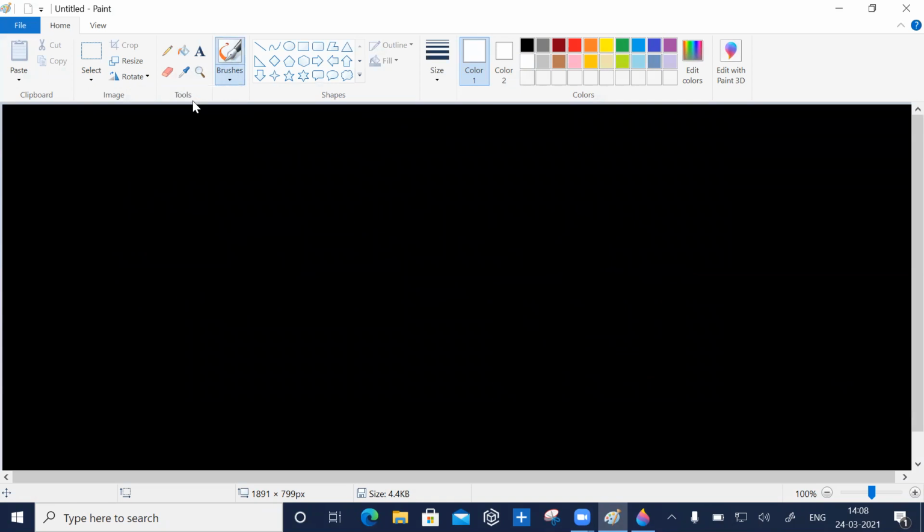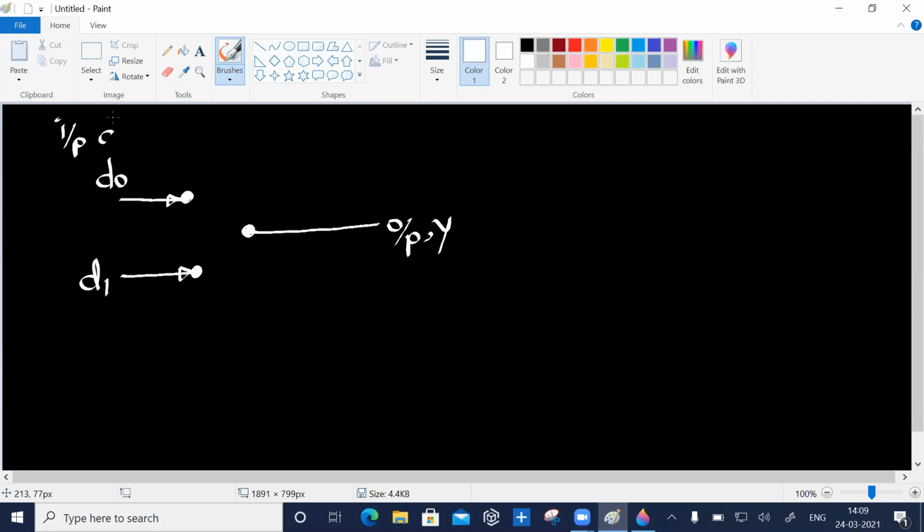Now, for example, let me take this. You have some data connected like this, and something else connected like this. Say this is D1, and this is my output line. Say my output is Y, and these two are my input data.